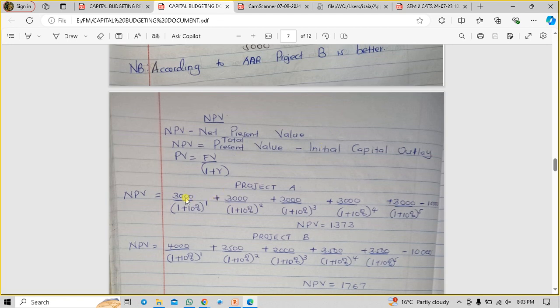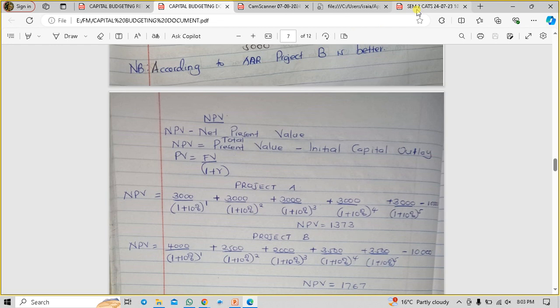So we were taking the cash flows, divide by 1 plus the discount rate that we were given. Then you add cash flow again over 1 plus the cost of capital to the power of the year.